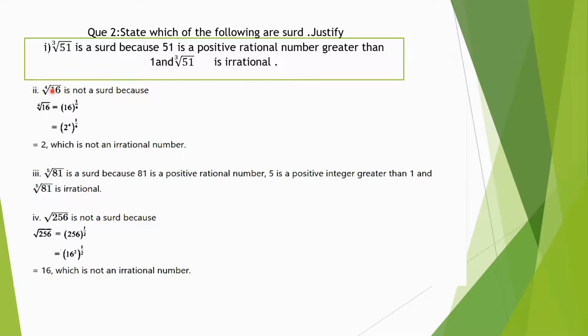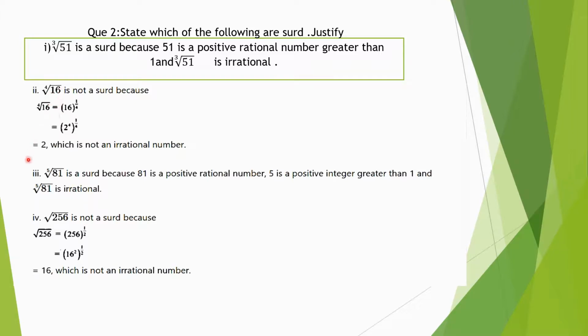It is not a surd because fourth root of 16 can be written as 16 raised to power 1 by 4 and 16 can be written as 2 raised to power 4. So 4 multiplied by 1 by 4, 4 and 4 will be cancelled. The answer will be 2, which is not an irrational number. Therefore, fourth root of 16 is not a surd.